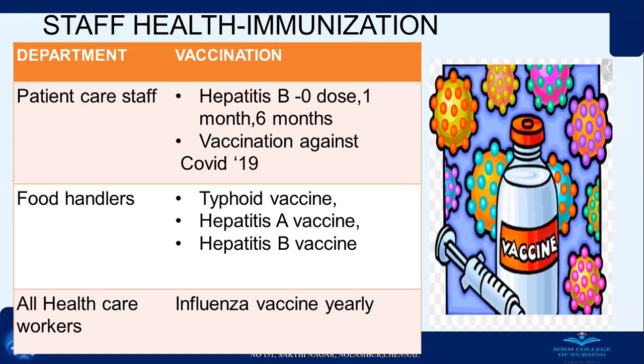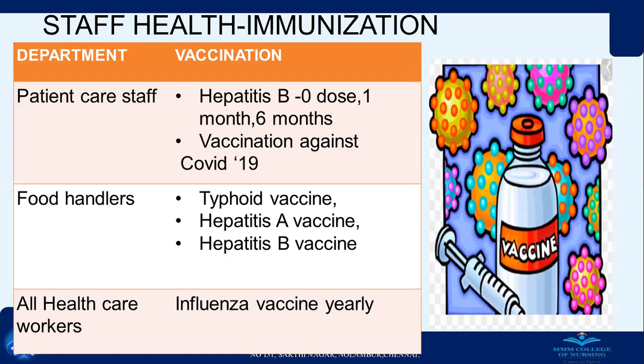And if he or she is a doctor or a nurse having direct contact with the patient, then the compulsory vaccination is hepatitis B, with a 0 dose, the first dose after a 1 month gap, and the second dose after a 6 months gap.